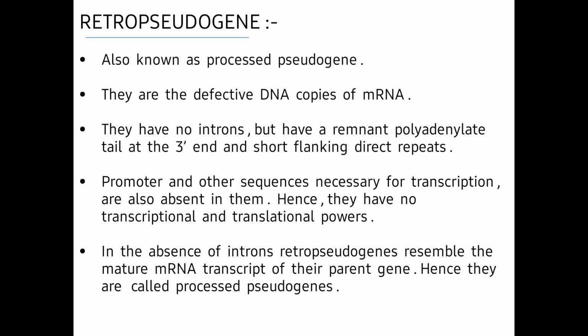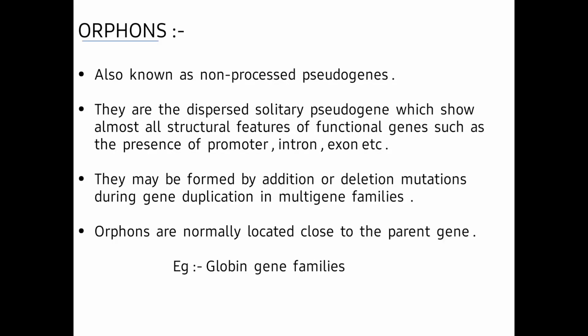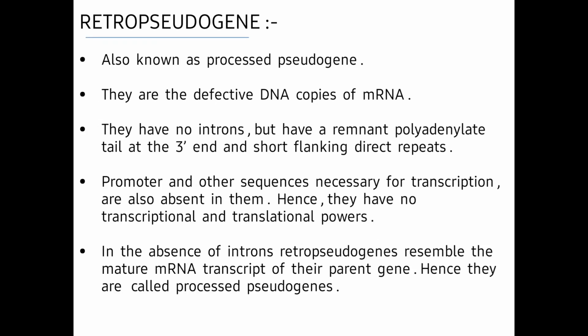As we said, in orphans there are promoters, introns, exons, but in retropseudogenes there will not be. There will be an absence of introns, but they have a polyadenylate tail at the 3' end and short flanking direct repeats.